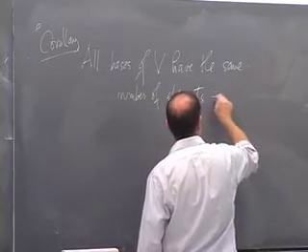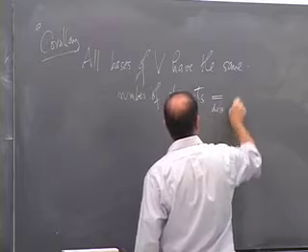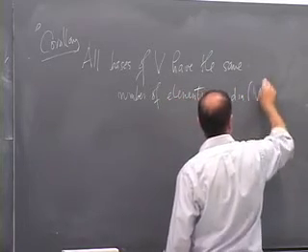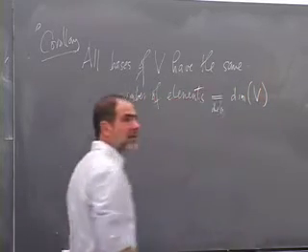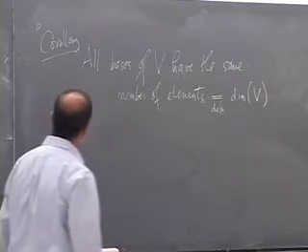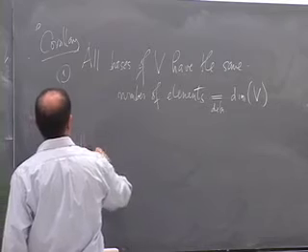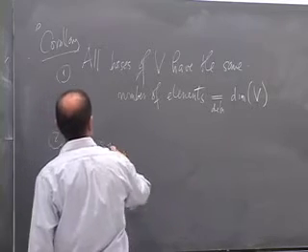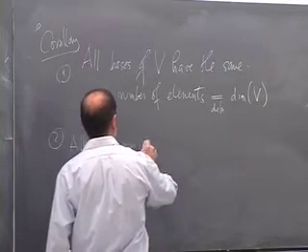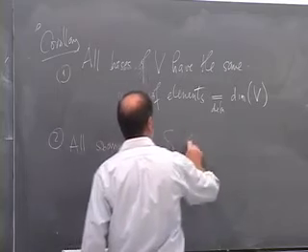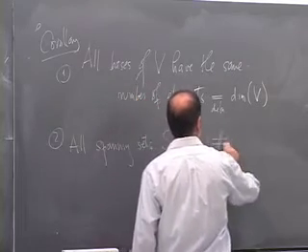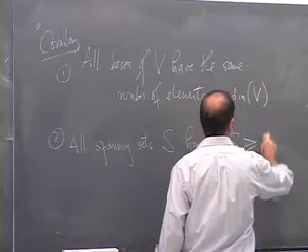And that number of elements is by definition called the dimension of V. So it's an integer that is the number of elements in a basis. That's the first statement. The second statement is all spanning sets S have the number of elements in S at least the dimension of V.